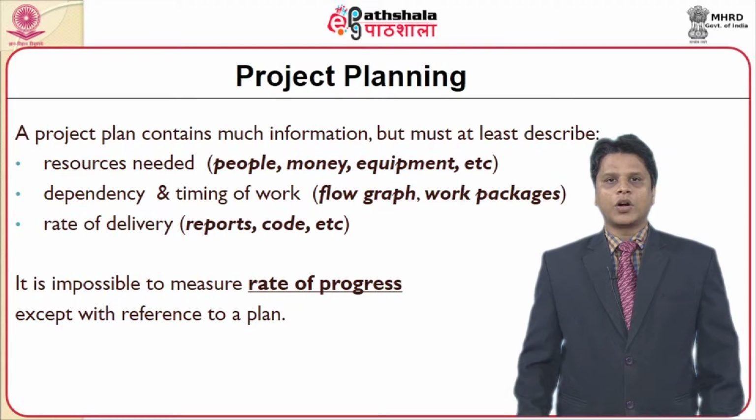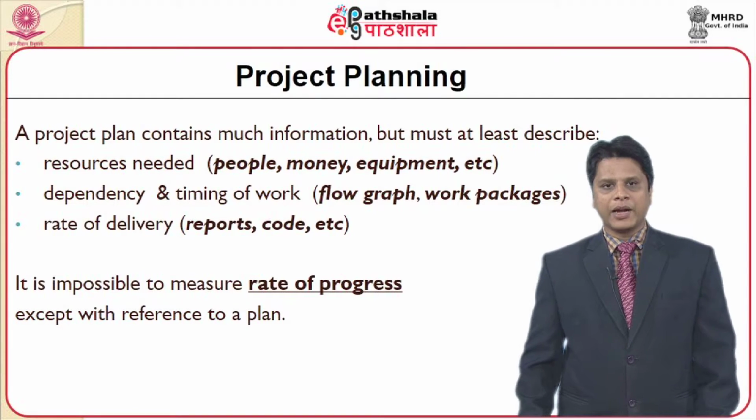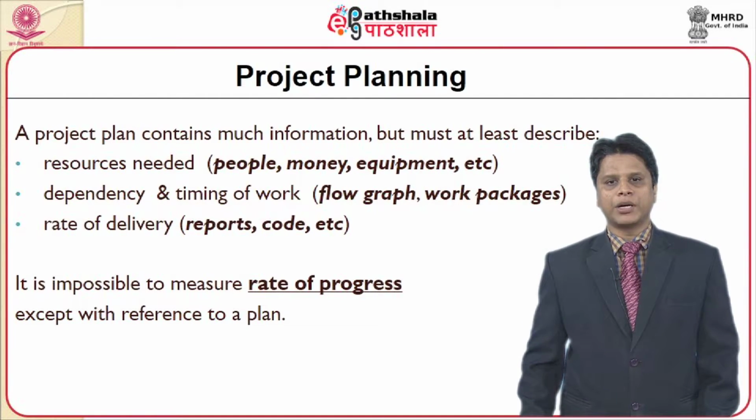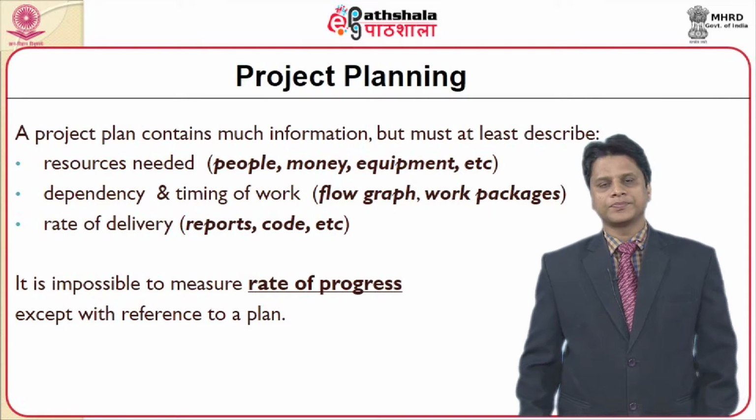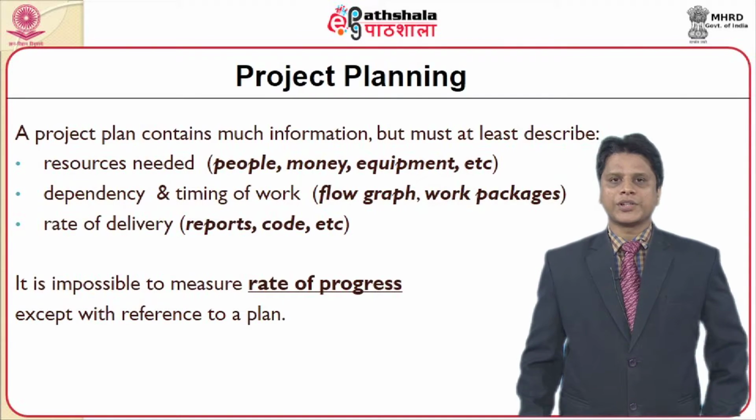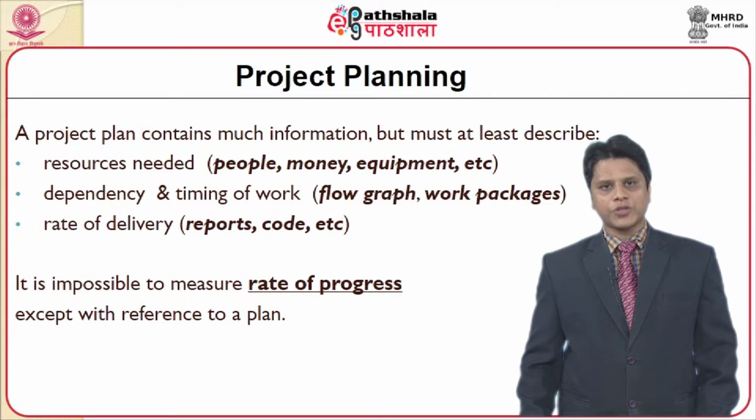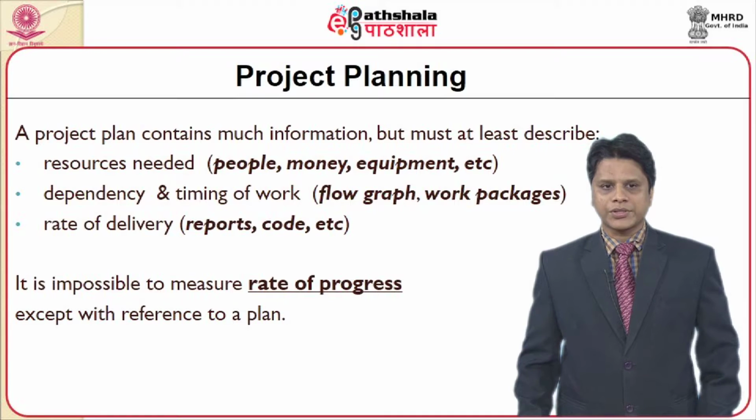Going further on project planning, a project plan contains much more information but must at least describe the resources required. The major resources that a software project would require are people, money and equipment.